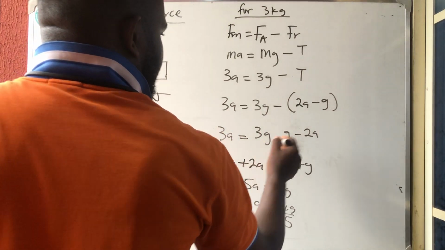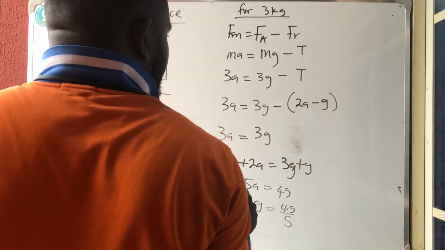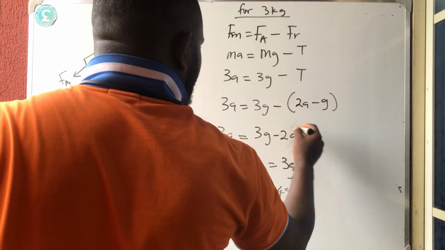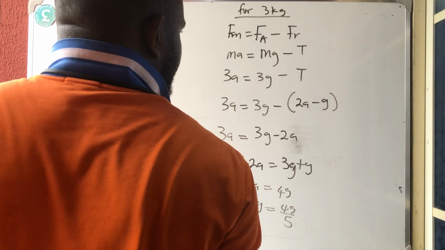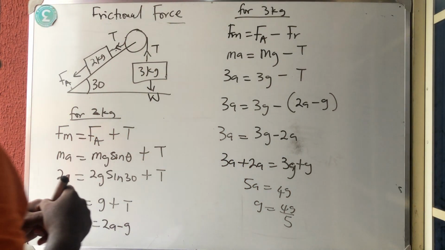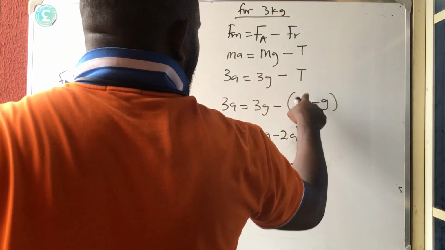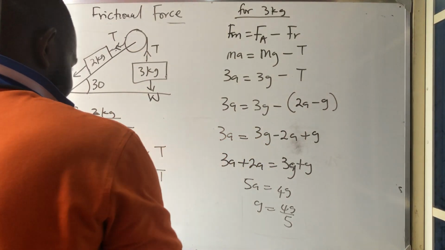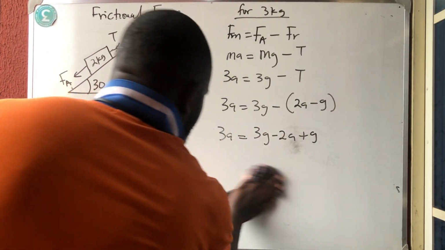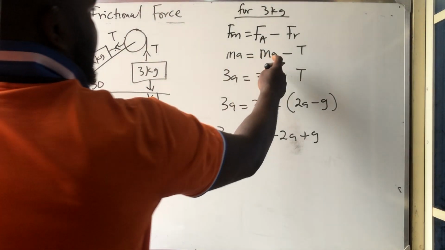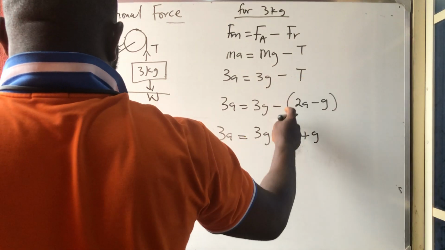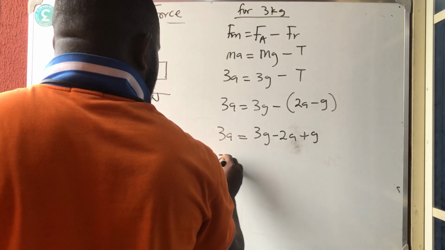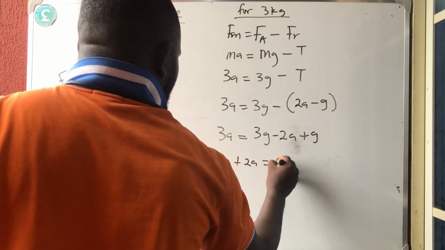So I'm going to have that. This time this will give you minus 2A. This time this will give you... Am I getting it? 2A minus G. So I'm having that the tension is 2A minus G. Okay, so I'm going to have that 3A plus 2A is equal to 4G.